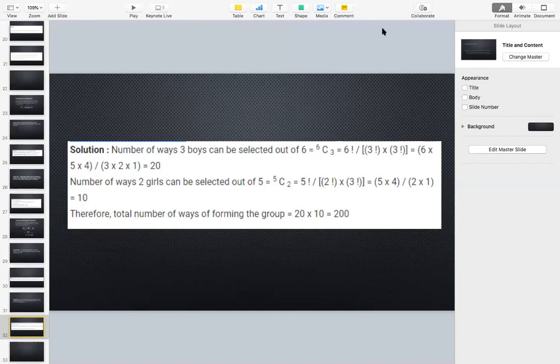How many diagonals can be formed in a decagon? And what is a decagon? Decagon is a 10-sided figure.